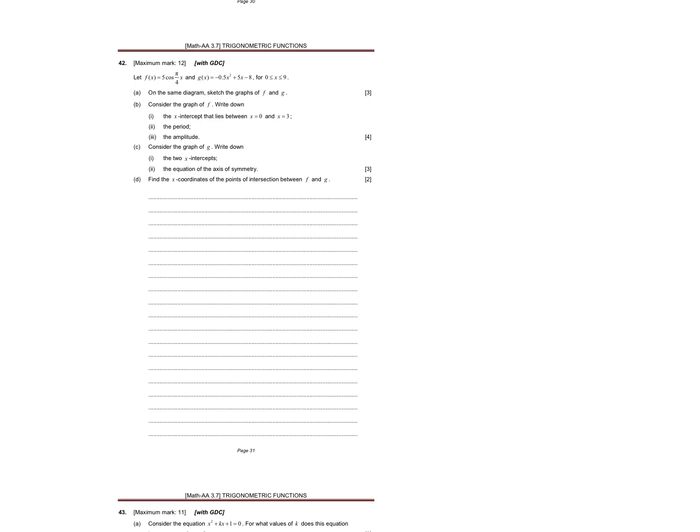More graphing. So just sketch it with the graphing calculator. Okay, so we have from 0 to 9.